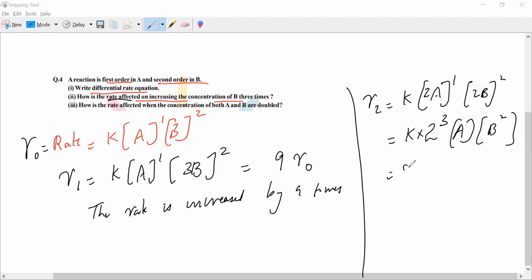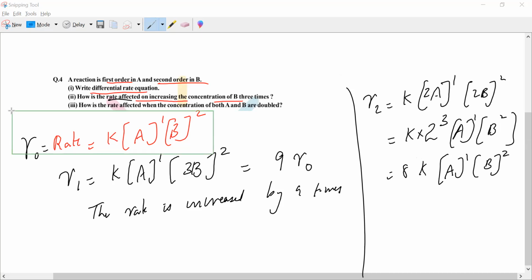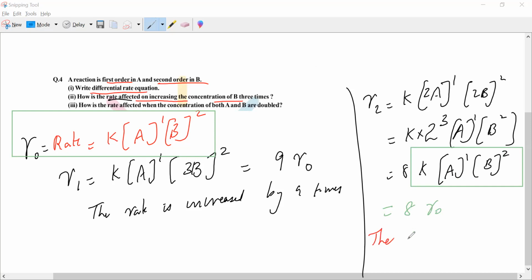So 8K into A power 1 and B square. It doesn't matter if it is outside or inside, both are same. So this is same as my R0 only, right? So it is nothing but 8 into R0. So the rate is increased by 8 times.